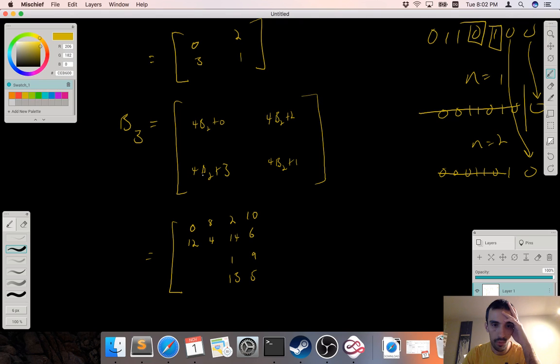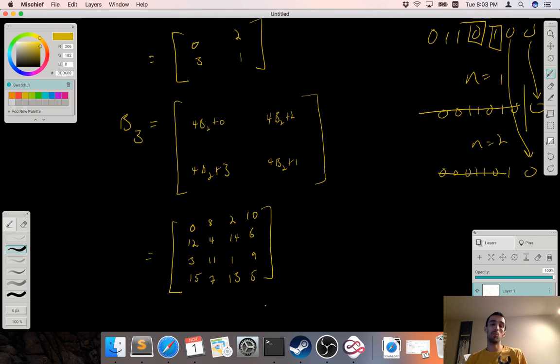And now 4 times B2 plus 3. So I do the same thing, but I add 3. So here's a 3, and then here's a 7, and then here's an 11, here's a 15. So this recursion works to create the same exact formula. No surprise there.